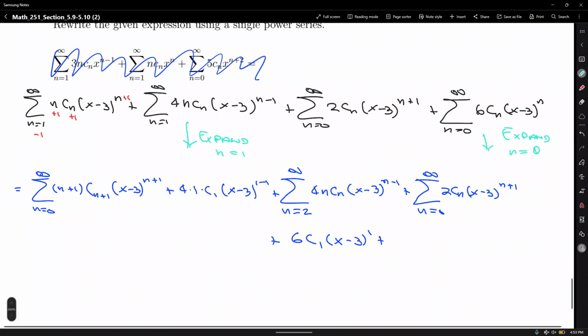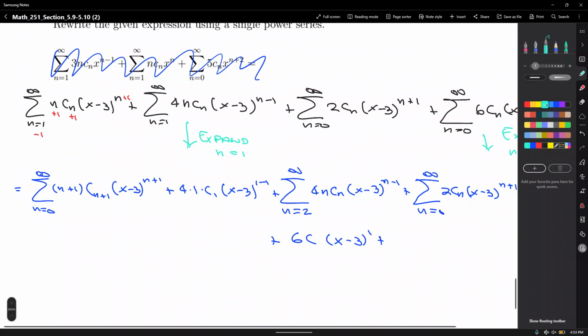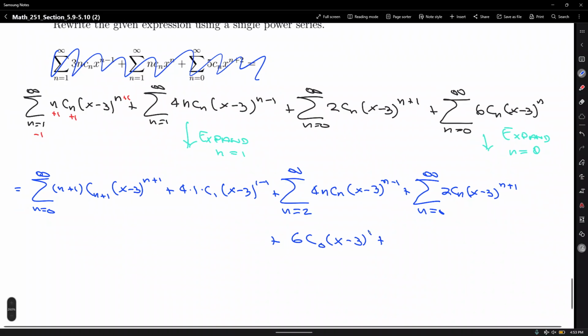Yes, the 0. You're right. My bad, because we've been expanding the n equals 1 a lot, so I think I got stuck on that. Okay, so 6 c sub 0 to the 0 power. So now our series starts at n equals 1 to infinity 6 c sub n x minus 3 to the n.